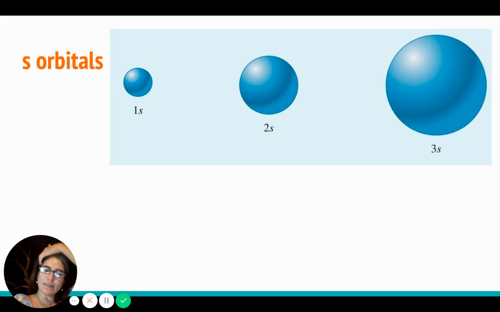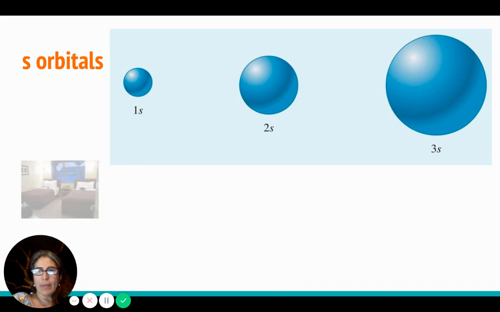The orbitals that we already started to talk about were the s orbitals, where the shape is a sphere. The difference between the 1s, the 2s and the 3s is only their size. Each s orbital can hold 2 electrons. Think of it as a bedroom with 2 beds, enough space for 2 people, 2 electrons.